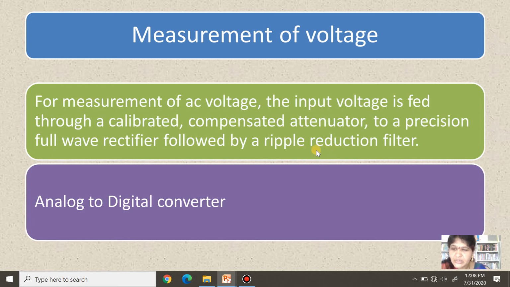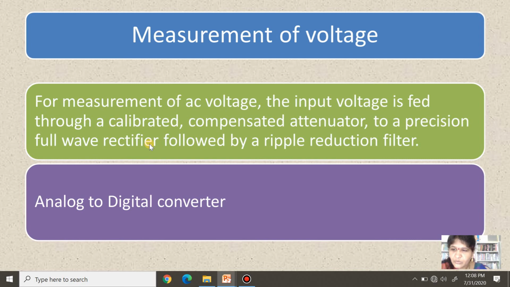The ripples are removed from it, and you can see here we have the ACV, that is for AC voltage measurement. First we pass the voltage through the calibrated attenuator, which scales the signal, then the rectifier, which converts AC to DC.